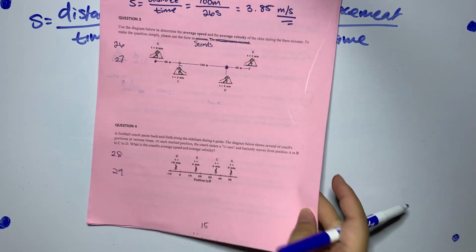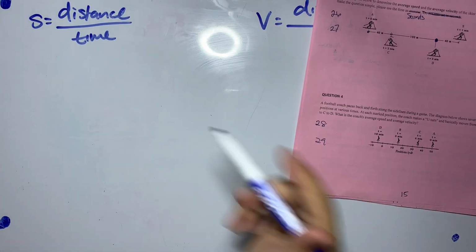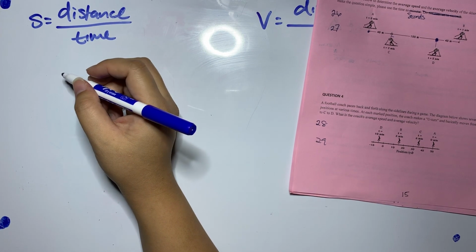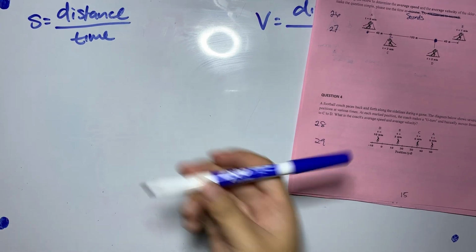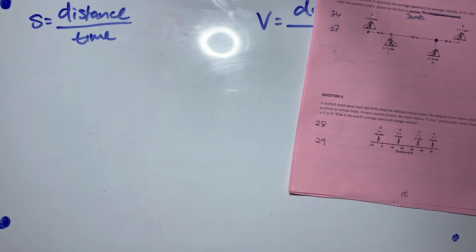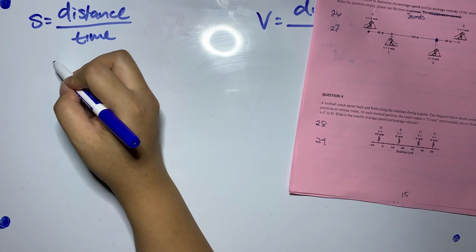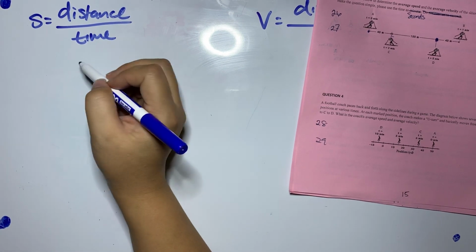So we're going to do speed first. Remember, distance divided by time. Distance is how much ground you cover.